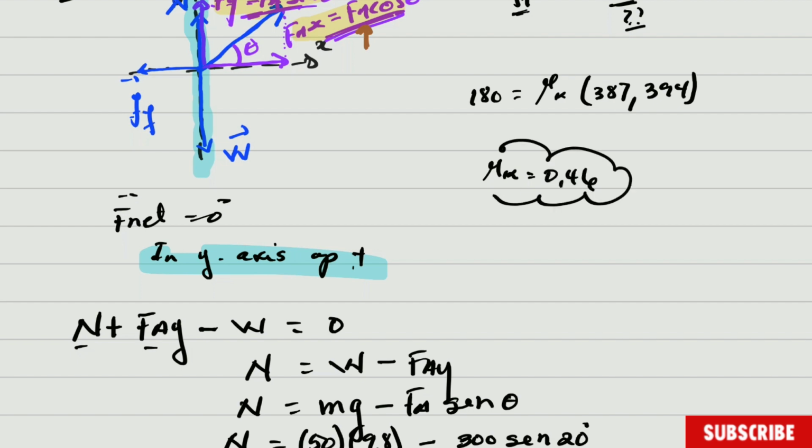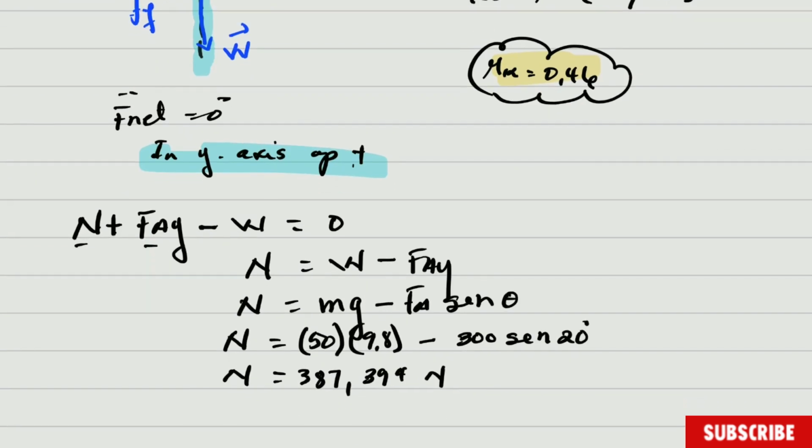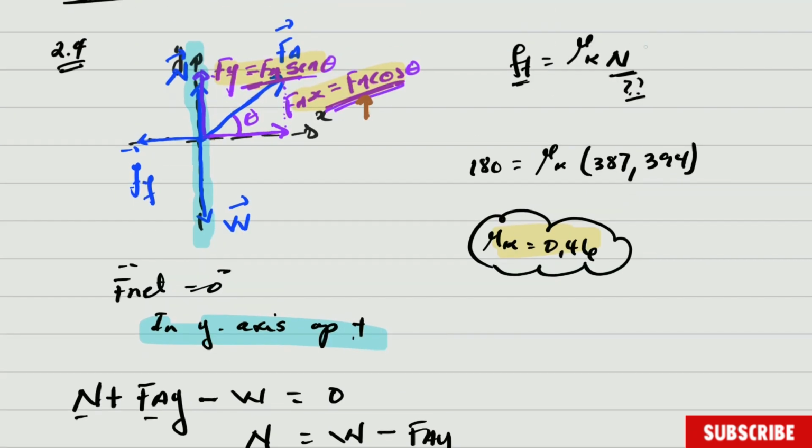That is the answer. Alright, and the marks here are going to be 1 for this substitution of the normal force, 1 for the formula of frictional force, 1 for this substitution here, and 1 for the final answer. There is 4 marks for that.